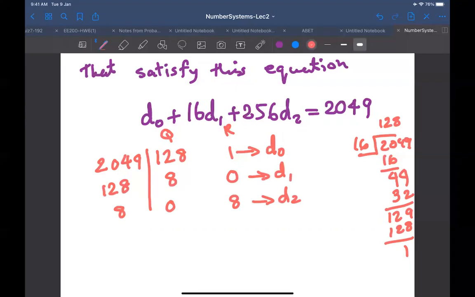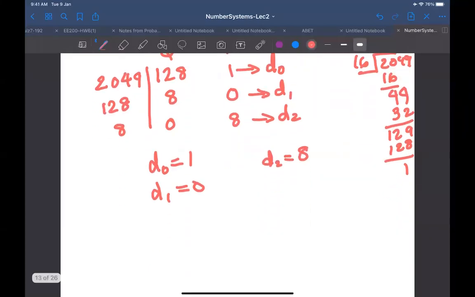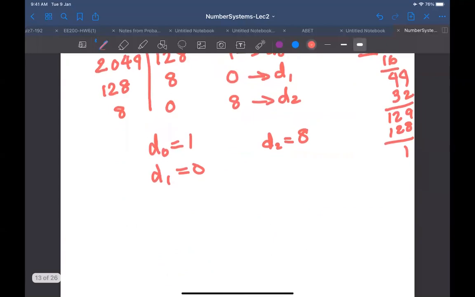So D0 is equal to 1, D1 is equal to 0, and D2 is equal to 8. How can you verify this? Substitute. Exactly. See if the left-hand side equals the right-hand side.